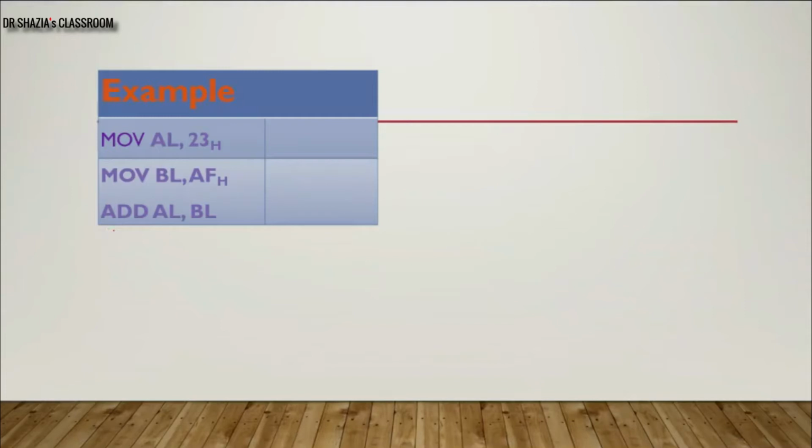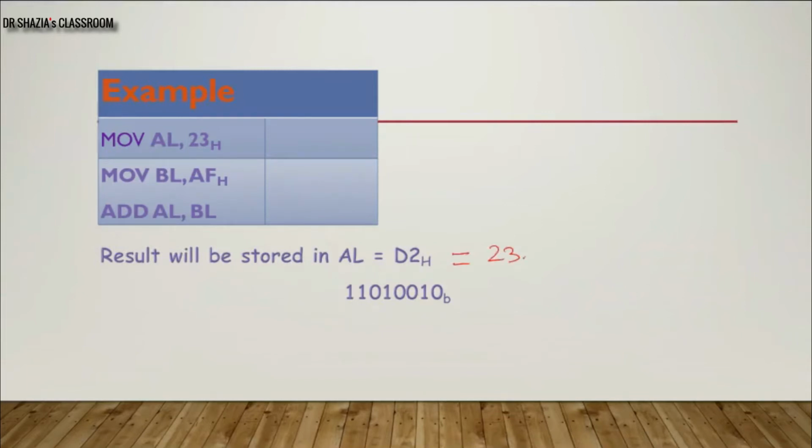And then I'm writing ADD AL, BL. It will add the content of the BL register to that of the AL register, and the result will be stored in the AL register. So after execution of this instruction, the content of AL will be 23H plus AFH.